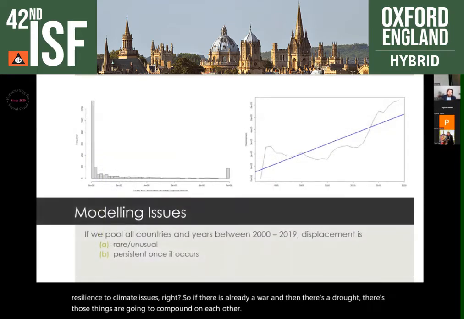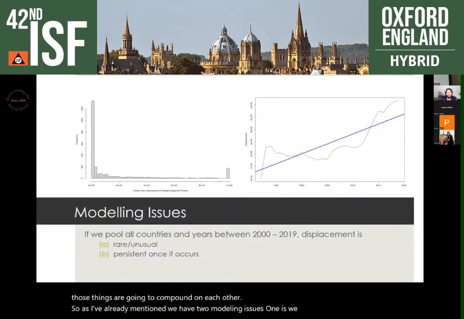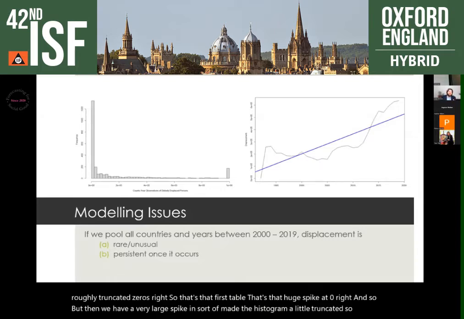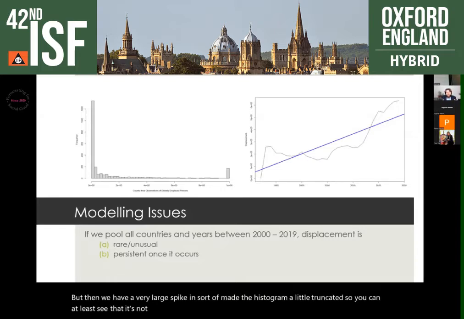So, as I've already mentioned, we have two modeling issues. One is we have a bunch of zeros, roughly truncated zeros. That's the huge spike at 0 in that first table there. I made the histogram a little truncated so you can at least see that it's not just all zeros, but we also have a lot of really huge events, 1 million or more people displaced, at the very end of the table.